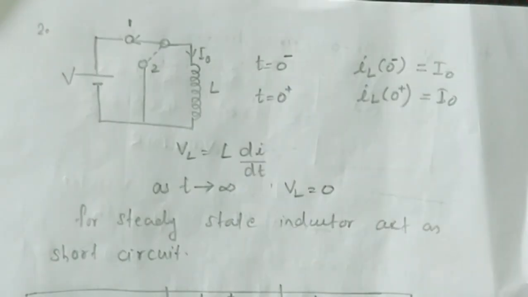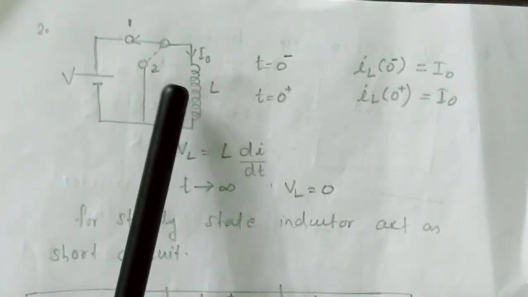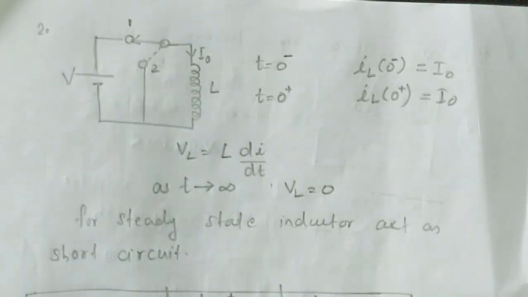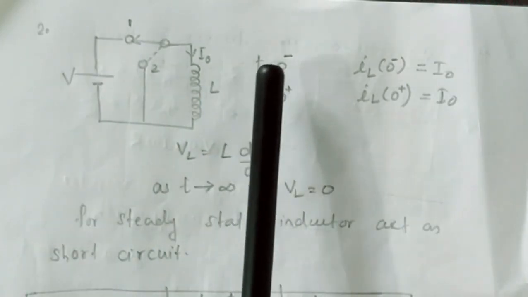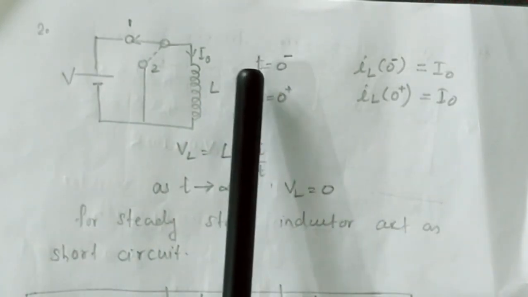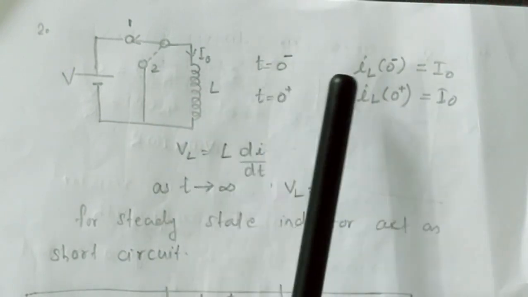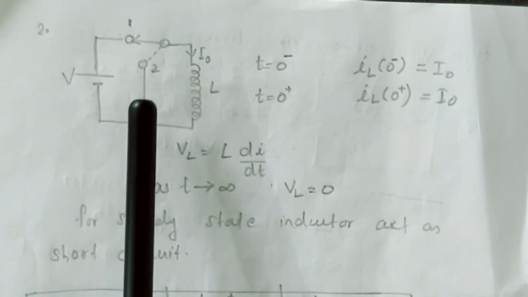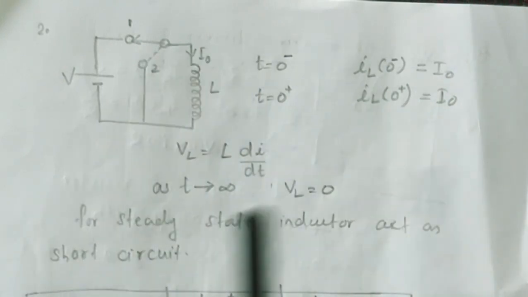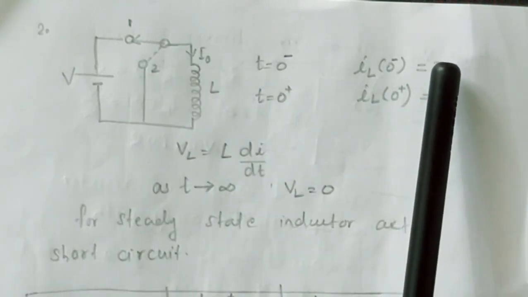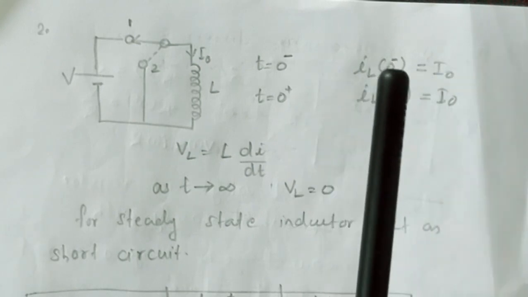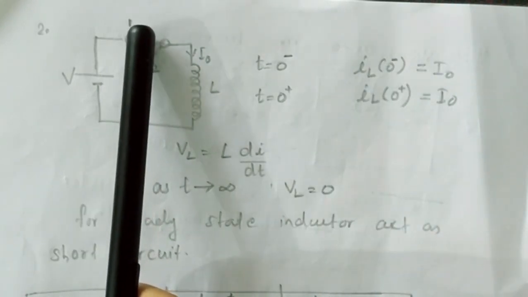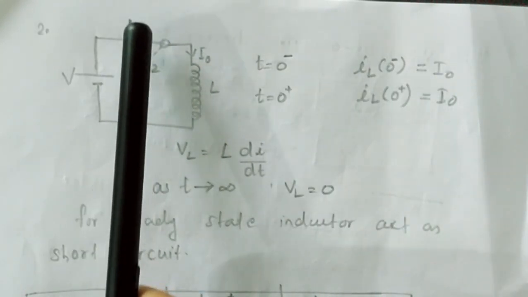Now let's consider another circuit. Assume initially the switch was in position 1. That is at t is equal to 0 minus, just before switching, current through the inductor is I0. Why? Because the circuit was in closed condition. Say this current is I0. So initial current is I0, that is the condition just before switching. Now we are going to change the switch position from 1 to 2.